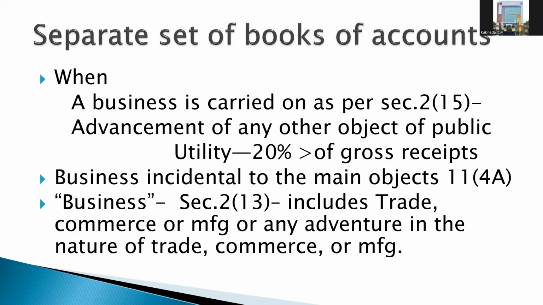So, about business in charitable activities: the charitable purpose definition in section 2(15) has 7 limbs: education, medical relief, relief to the poor, preservation of environment, yoga, preservation of monuments and architecture, and finally advancement of any other object of public utility.